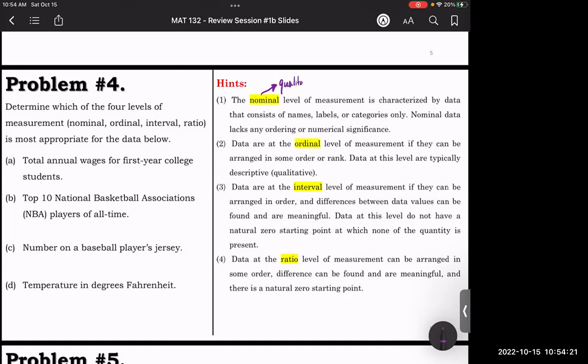So looking at parts A through D, which one of those data is qualitative? We have total annual wages for first-year college students, the top 10 NBA players of all time, the number on a baseball player's jersey, or the temperature in degrees Fahrenheit.